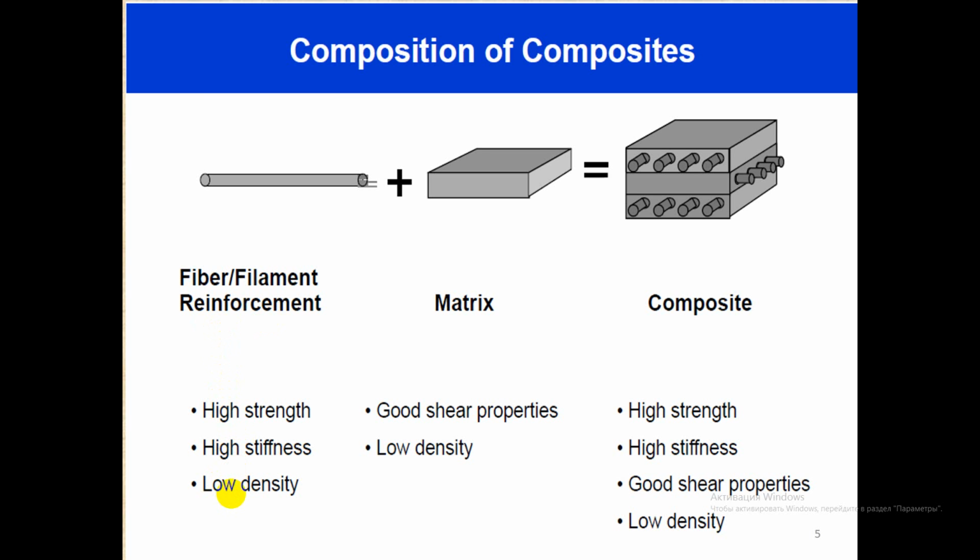Fiber can be carbon, glass, aramid, etc. Matrix protects and transfers load between fibers. It has good shear properties and low density. Matrix can be epoxy, polyester, vinyl ester, etc.